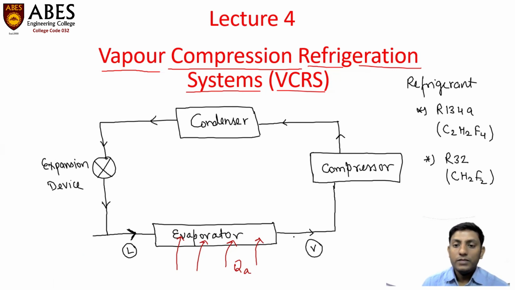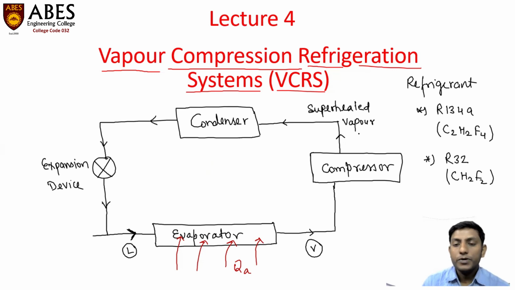Then this vapor gets compressed in a compressor, usually a reciprocating compressor, and it gets converted into a superheated vapor.